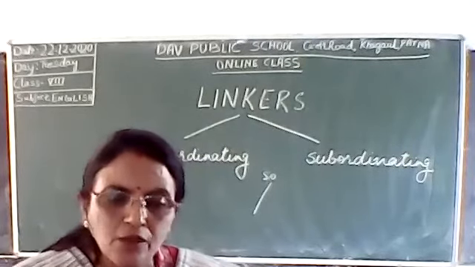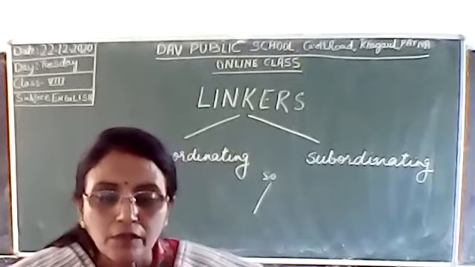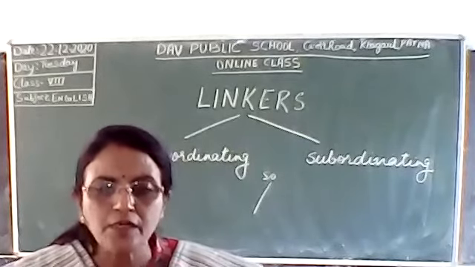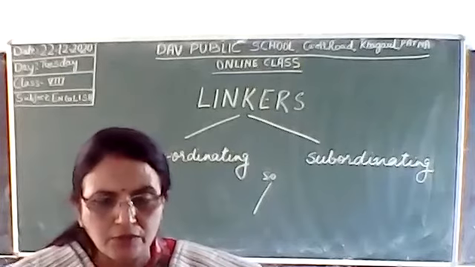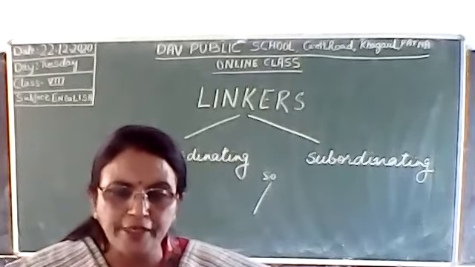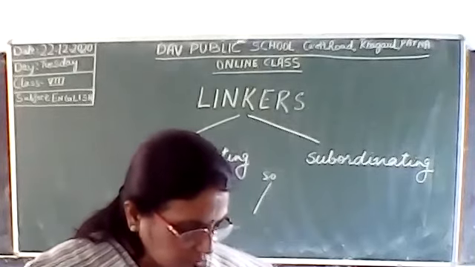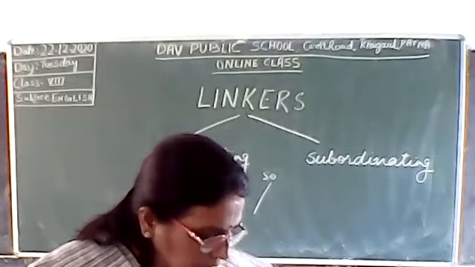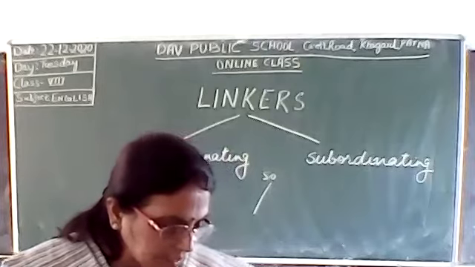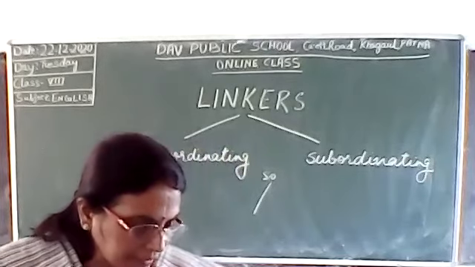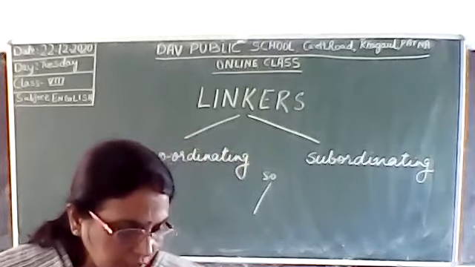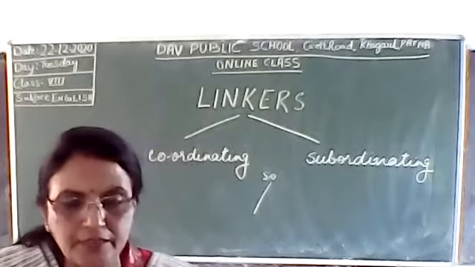Now subordinating linkers join the main clause with the subordinate clause. There are nine types of subordinating linkers: time, place, cause, reason, comparison, purpose, result, condition, manner and concession.